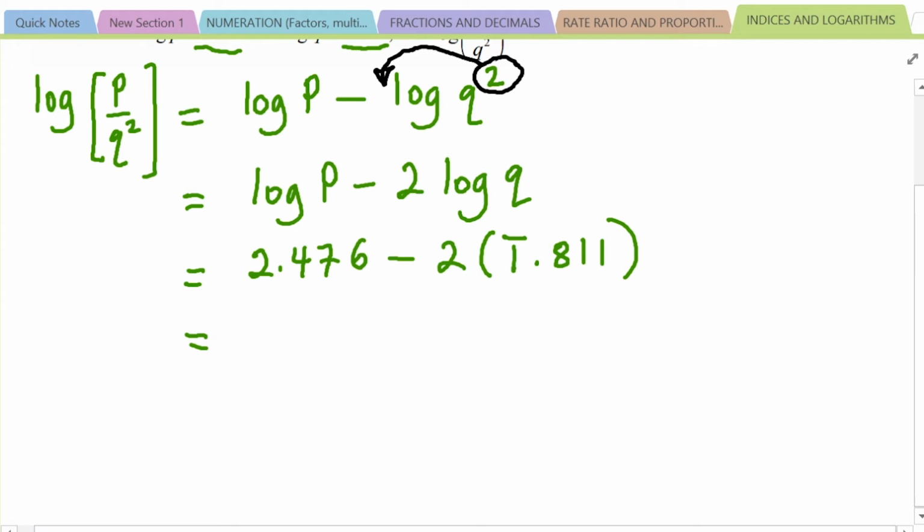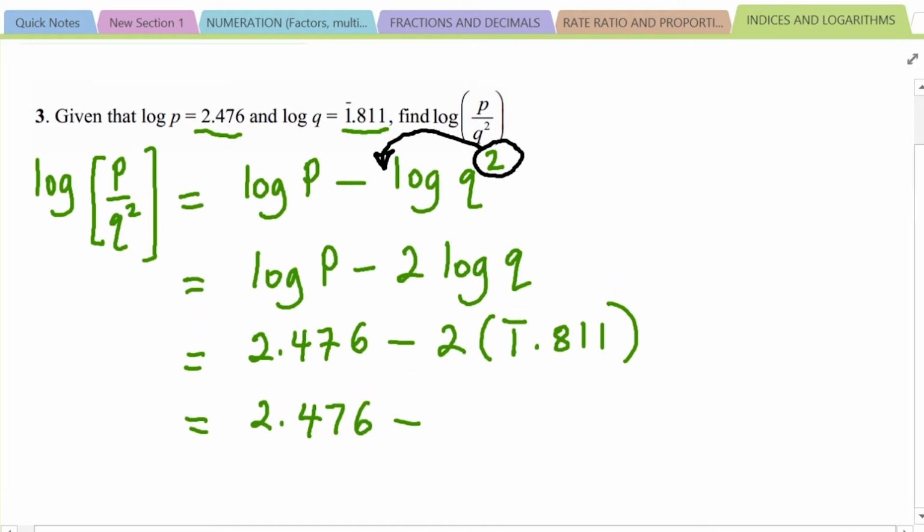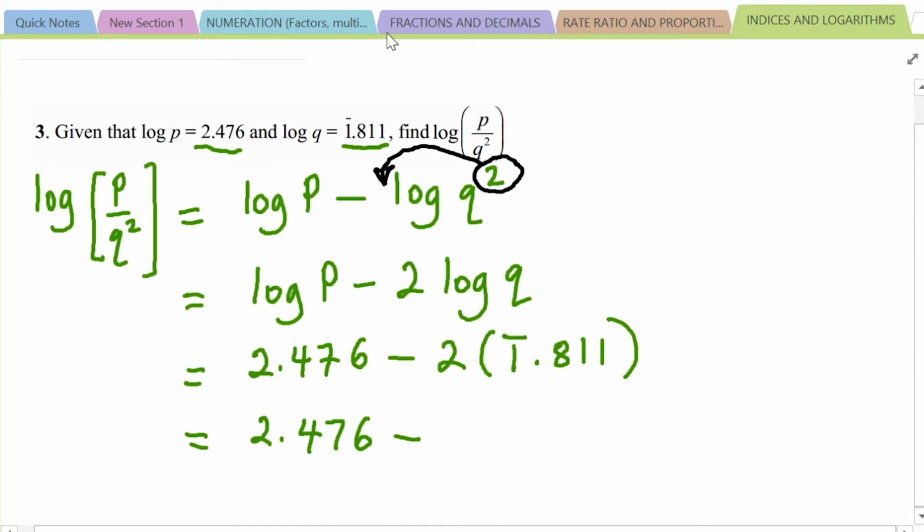This is going to become 2.476 minus 2 times, in the brackets, a logarithm that has a mantissa and a negative characteristic. In other words, we have this as the negative characteristic and this is the mantissa.